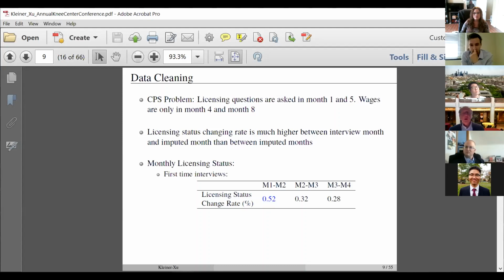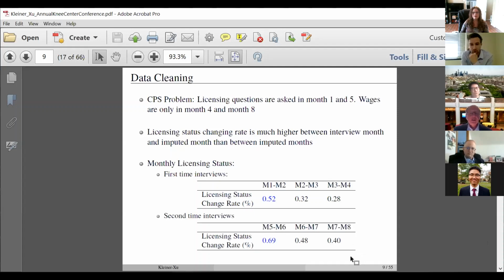For when individuals are first interviewed, the licensing status changes were about 0.52, but they declined when those questions were not asked. We also noticed for the second time interviews that the percent declined precipitously when those questions were not asked.